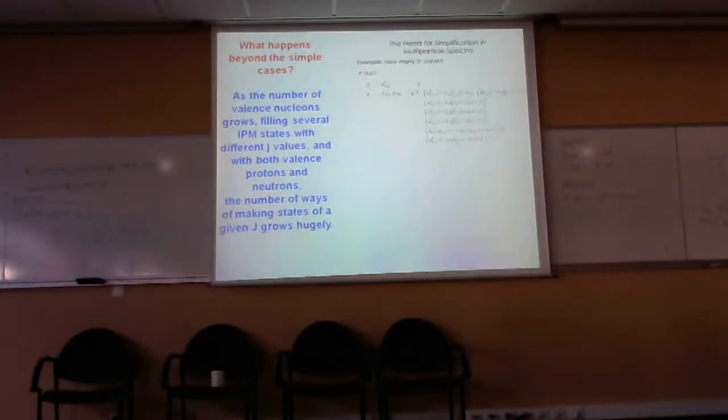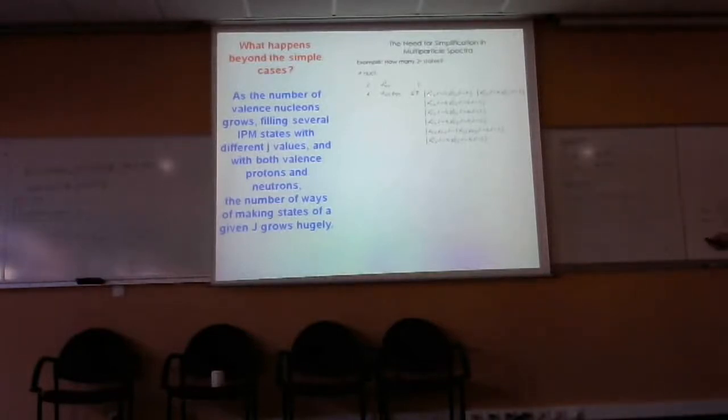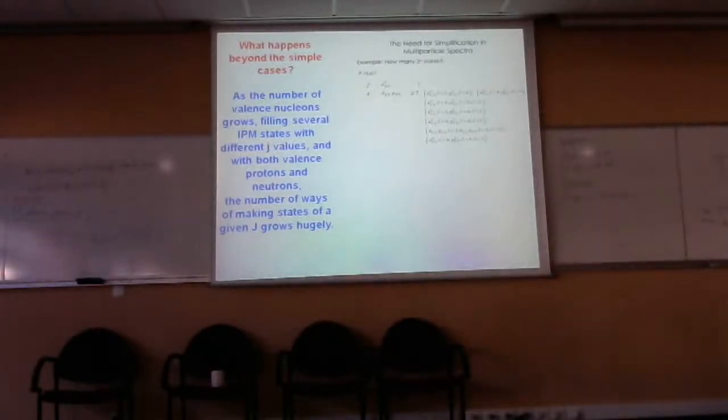What about if you have 4 particles that can occupy a d5/2 or g7/2 state? Now, I didn't do this very carefully. I don't know the exact number, but I wrote down 7 ways you could do it. There might be more. You could have 2 particles in d5/2 coupling to angular momentum 2, and the other 2 in g7/2 coupling to angular momentum 0. Can you all see this, by the way, back in the back? You could have 2 particles in d5/2 coupled to angular momentum 0, and 2 particles in g7/2 coupling to angular momentum 2.